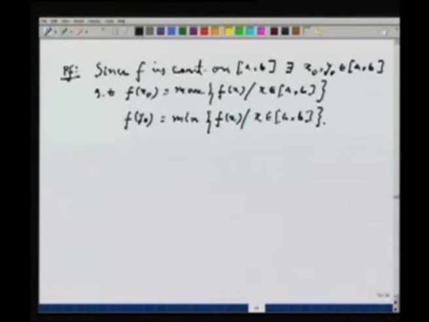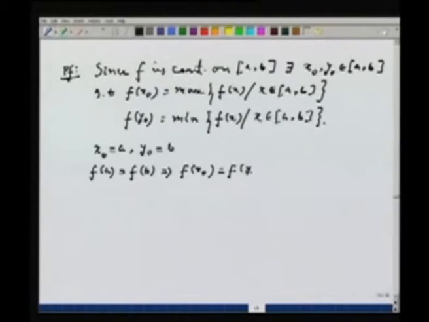Now the possibility is that x0 and y0 are endpoints. Let us say x0 equals A, y0 equals B. If that is the case, since f of A equals f of B, this implies that f of x0 equals f of y0.